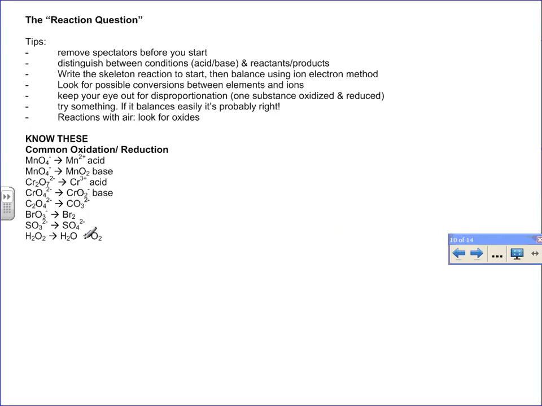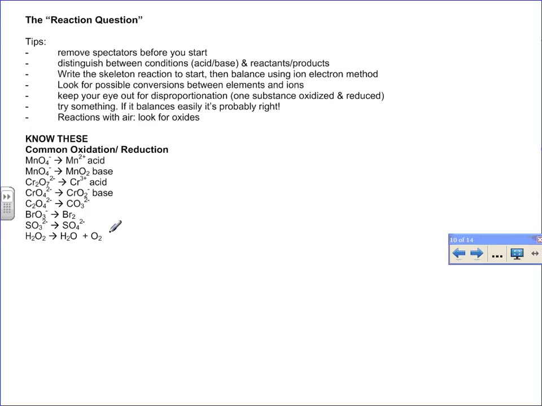Okay, there's some other common ones here that I've tried to present to you. There's going to be a few things. So one of the things that you can do is try to remove the spectators first when you know that you've got a redox reaction. And there's a few things to look out for.